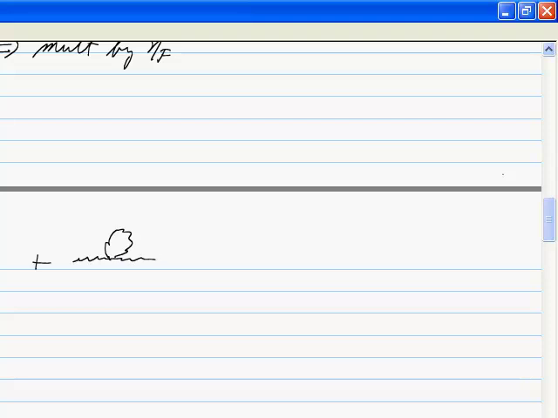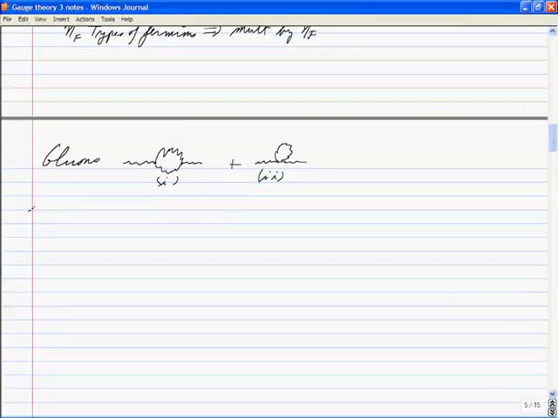Let's call them I and double I. Let's do double I first, the second one. This one equals 0.